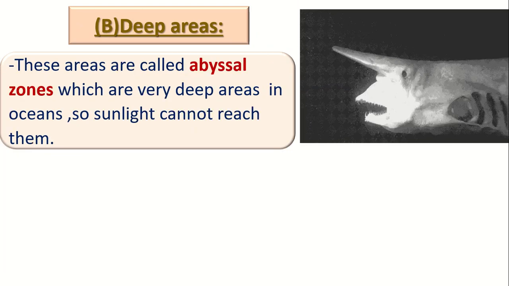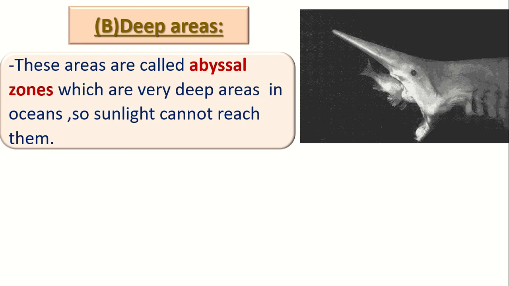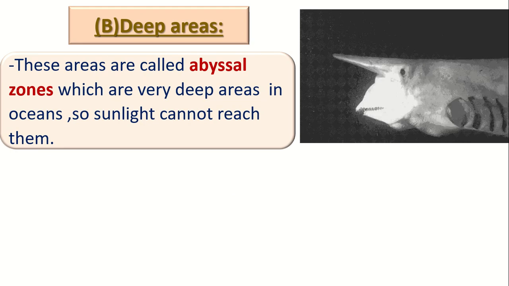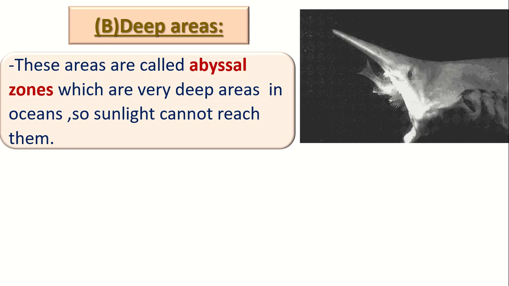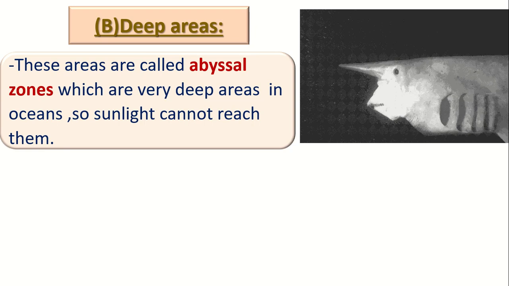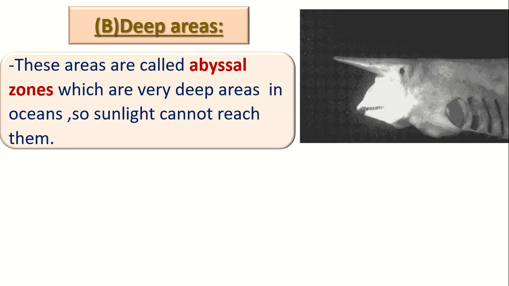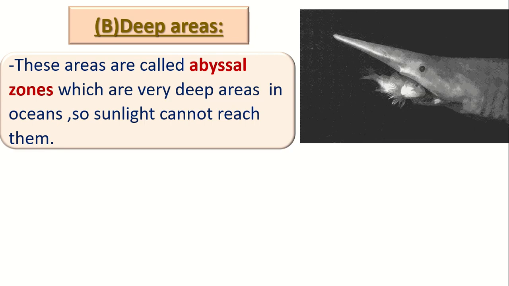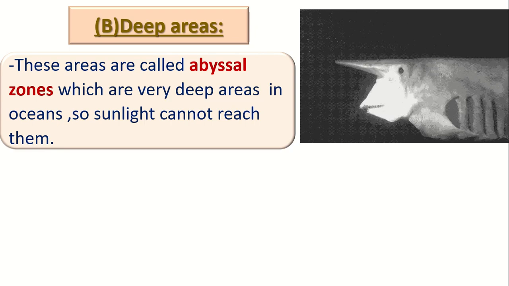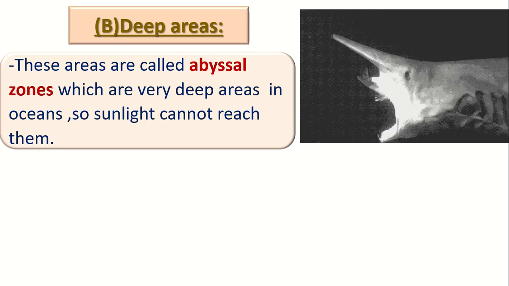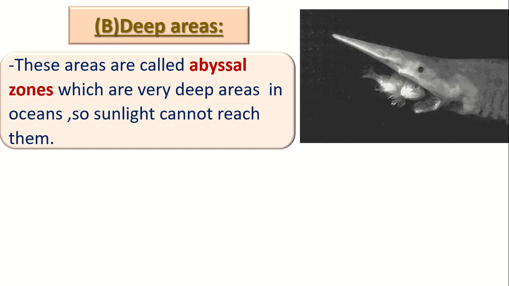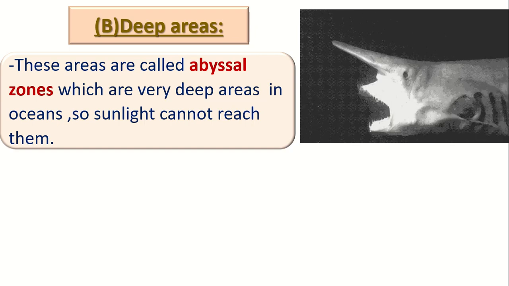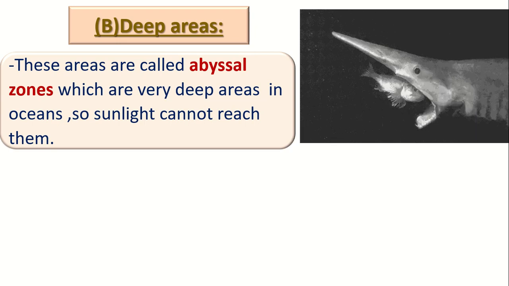Now, let's talk about the deep area. The deep area in the ocean or sea is a very deep area, and the sunlight cannot reach it. This area is called the abyssal zone.